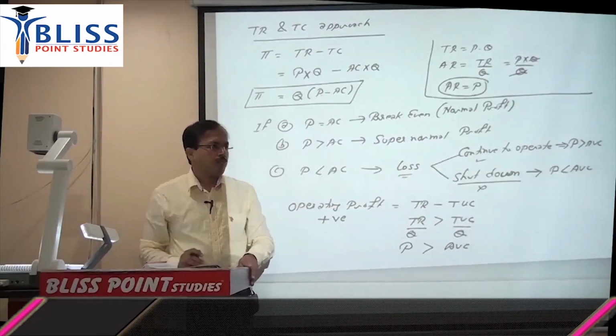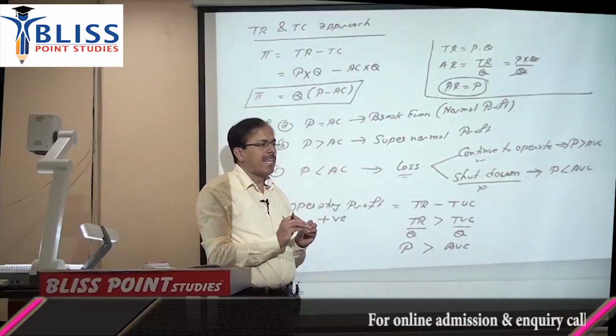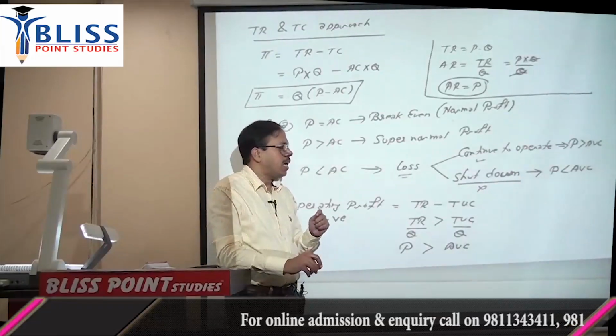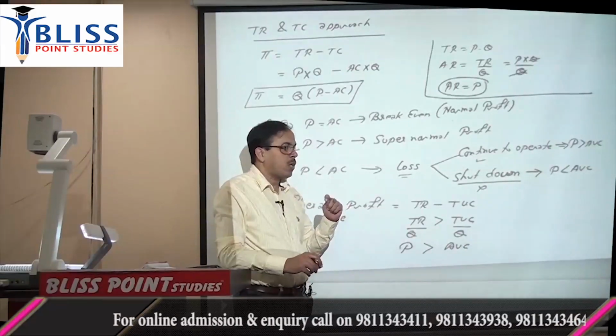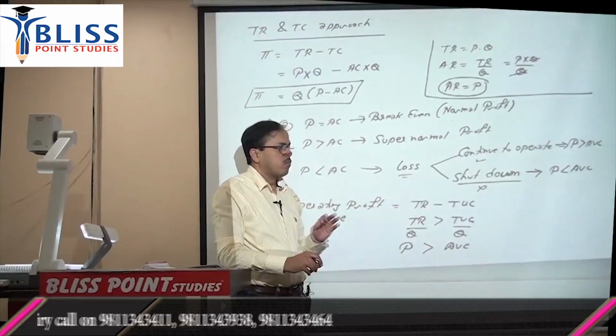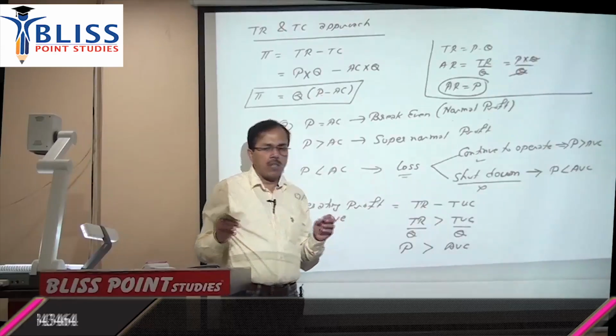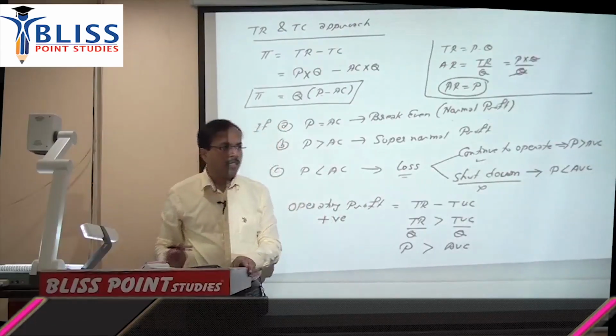In case of if price is equal to average variable cost, तो वह indifferent हो गया firm. At that point, firm will be indifferent. That is why shutdown price is equal to minimum of average variable cost. P less than AVC पे तो shutdown हो ही गया. So exactly which point is shutdown point?